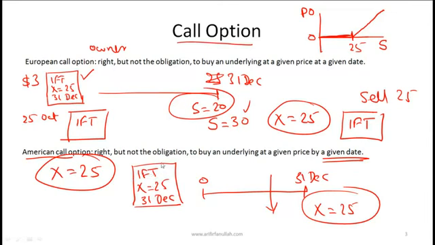Now why does he have this right? He has this right because he has paid $3 in my simple example to buy this option. The counterparty who writes the option does not have the right. In other words, if let's say we purchased this option for $3, that by the way is called the option premium or the market price of the option.